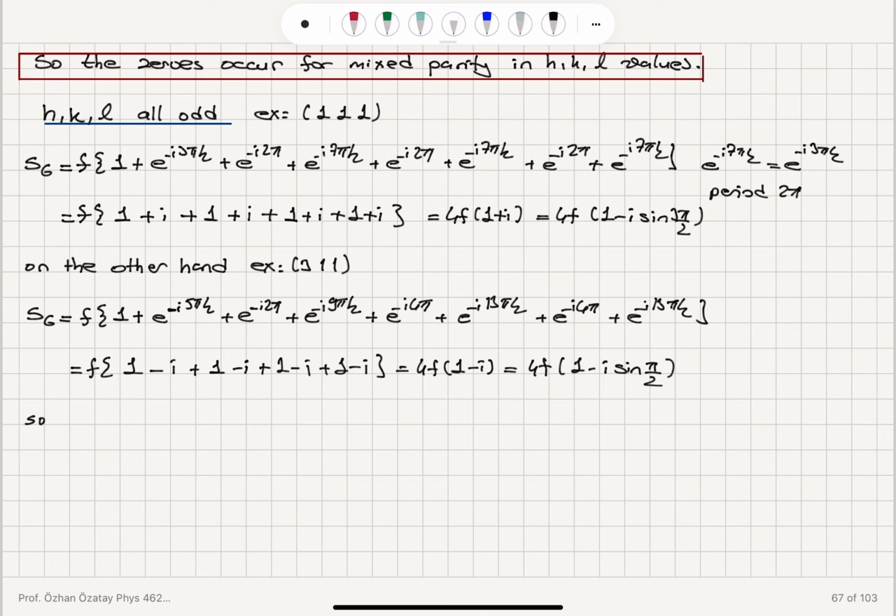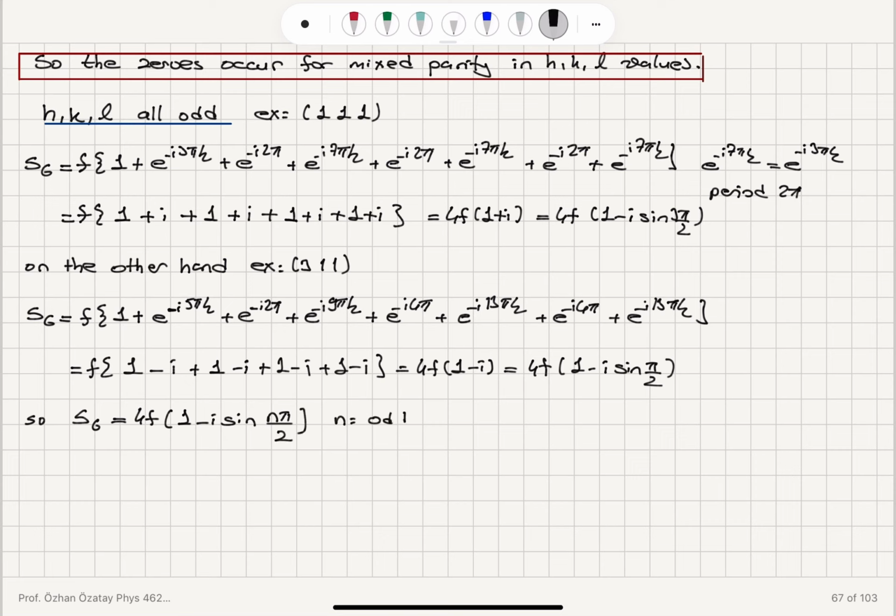We have two possible answers, f times 1 plus i and f times 1 minus i. The geometrical structure factor is 4f times 1 minus i sine n pi over 2, where n is odd.